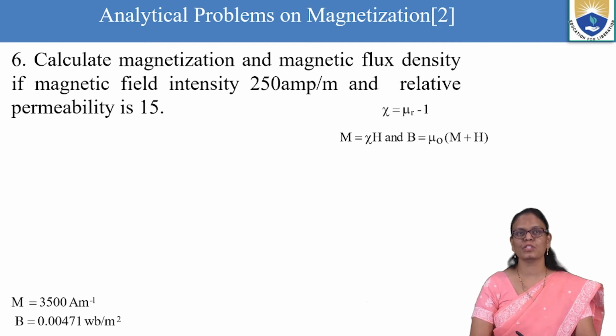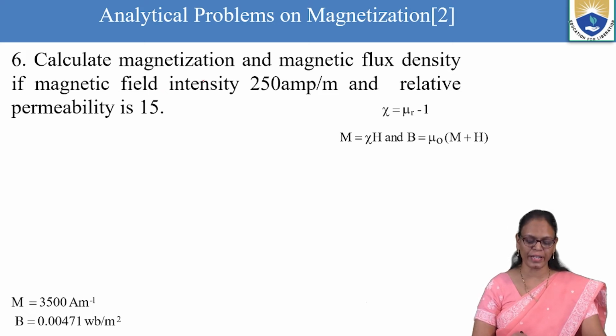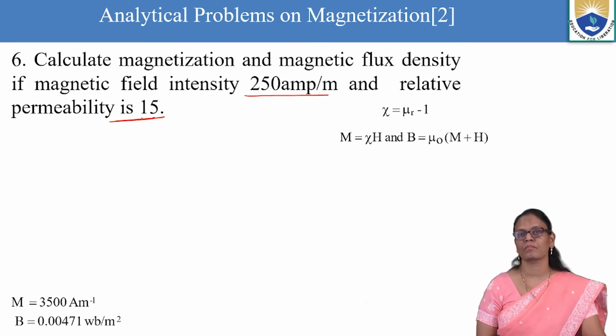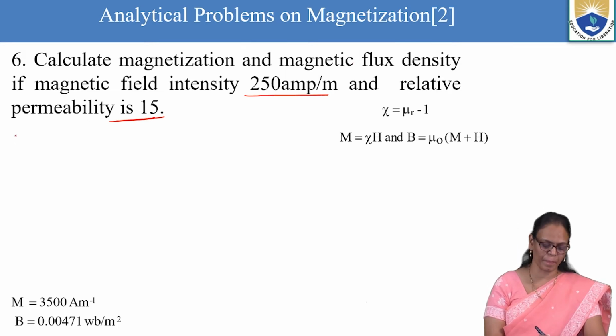Now coming to the next one: calculate magnetization and magnetic flux density, if the magnetic field intensity is given and the relative permeability is given. So we have to calculate what? Magnetization and also the magnetic flux density.